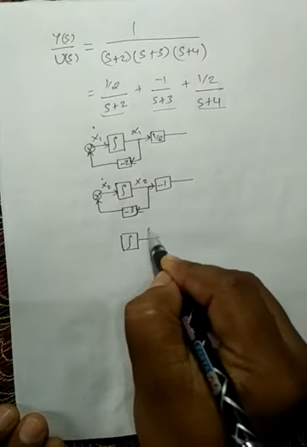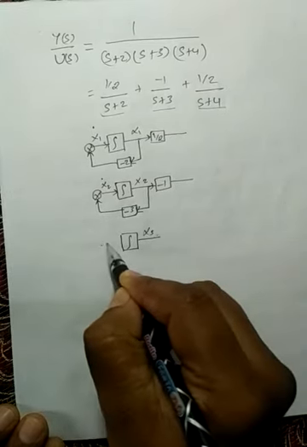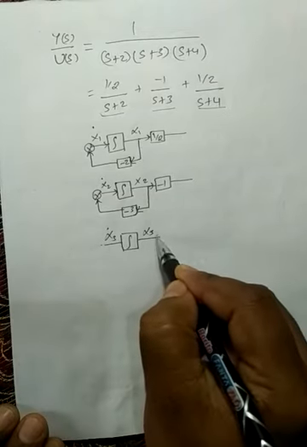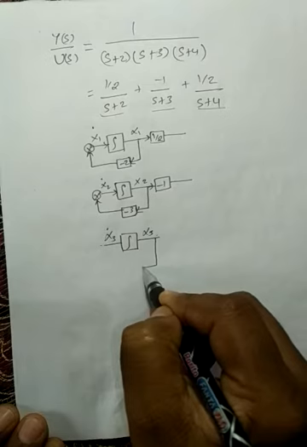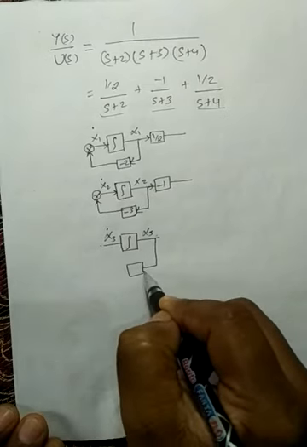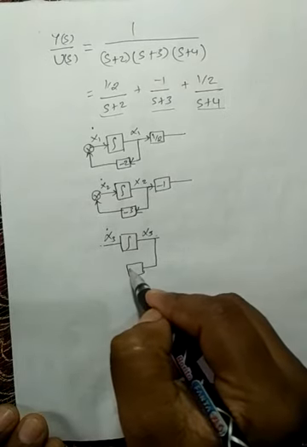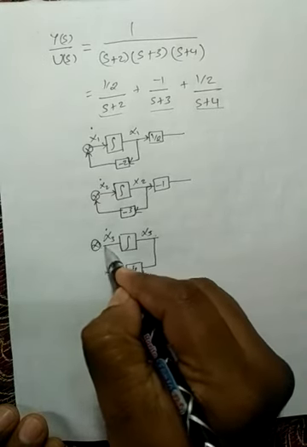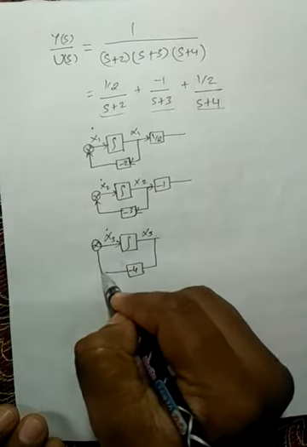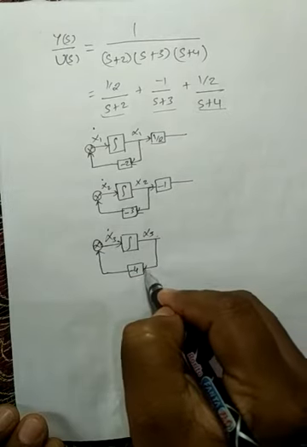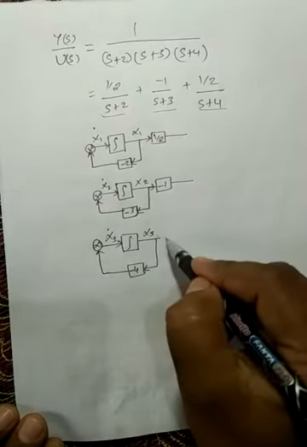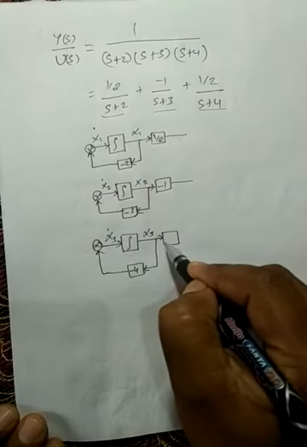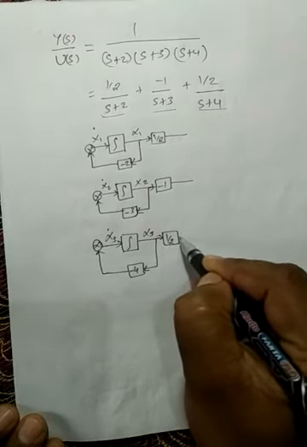Here we have x3 and here x3 dot, and from this x3 a feedback path of minus 4 is added here, right? And with this x3 I have multiplied again 1 by 2.